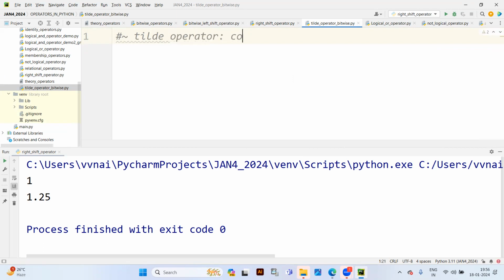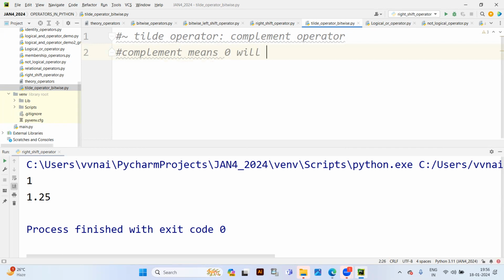What is this operator? It's a complement operator. What is a complement? Complement means 0 will become 1, and vice versa, 1 will become 0.